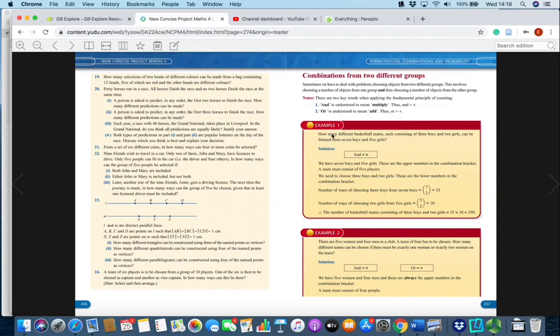So for example, how many different basketball teams, each consisting of 3 boys and 2 girls, can be formed from 7 boys and 5 girls? So again, take that one down and let's pause.